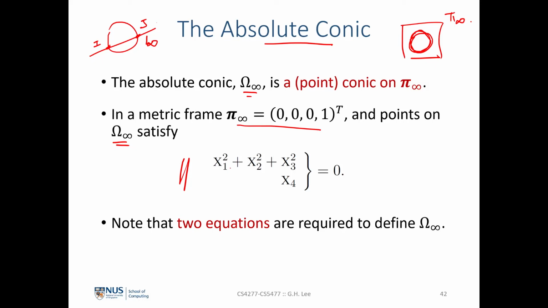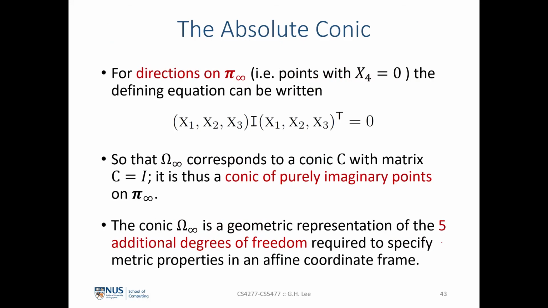So this means that it's also a complex number. x1 squared plus x2 squared plus x3 squared is equal to 0, and the fourth element here is always going to be 0. So we need two equations to define omega infinity, or the absolute conic. And for directions on the plane at infinity, that is points with x4 equal to 0, the defining equation can be given by this equation here.